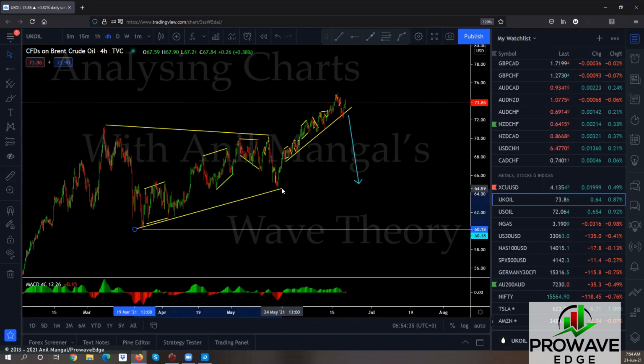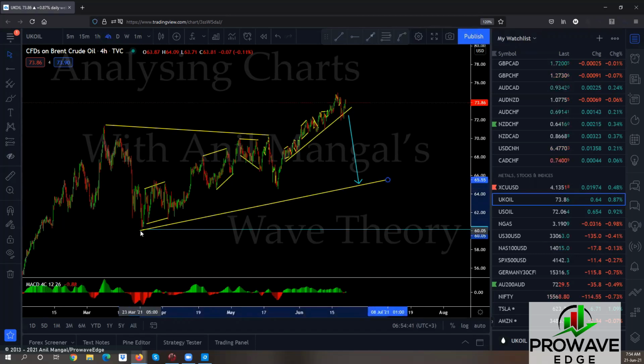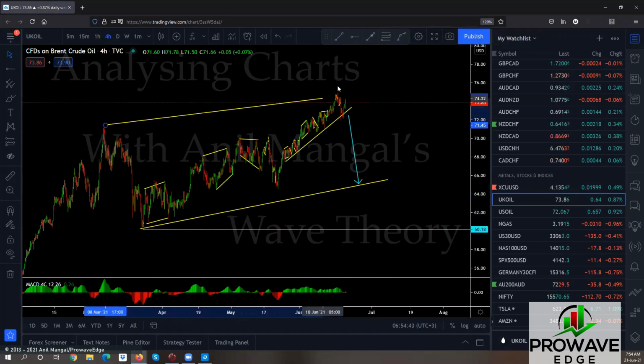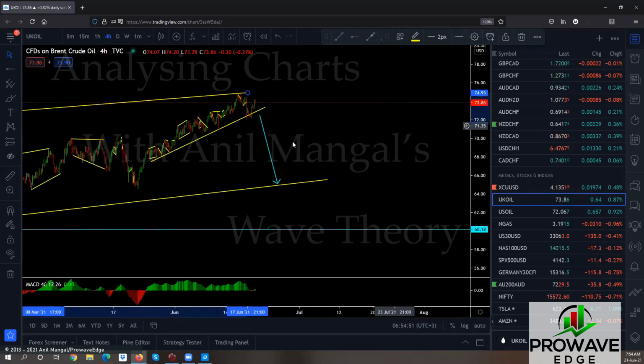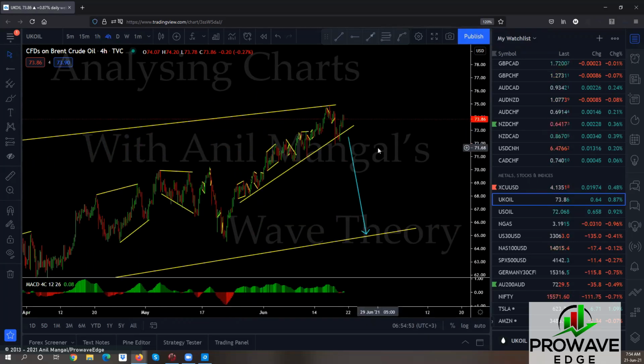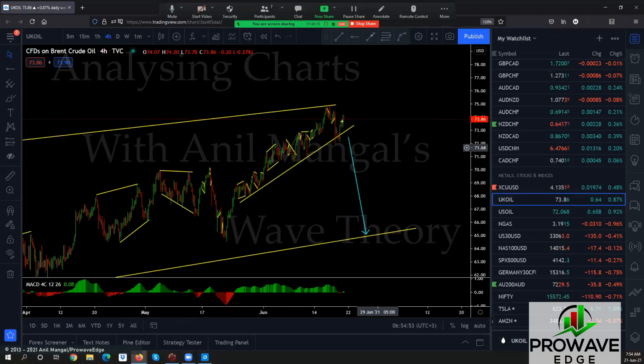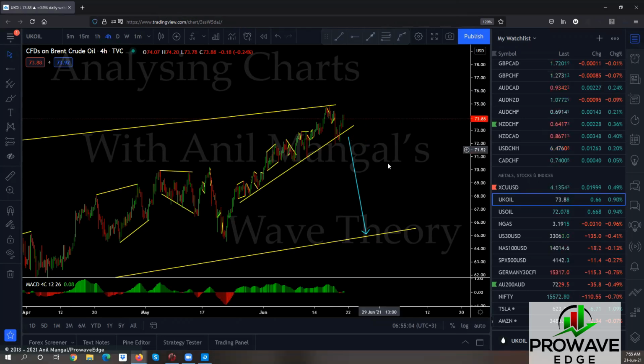Now, I really don't like contracting flats in the first place, so I would wait for them to negate the possibility of a running flat first. Both of them are downside, right? So if we get sell setups from here, we will take it. Can this make a flat here and make one more high? That's possible. If it's making a flat here for one more, then this is going to be corrective. We're going to drop a little more here and then go up, make a flat in here. So if you take a sell setup, you likely get break even out of it.